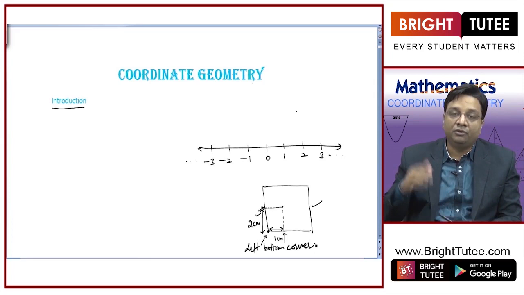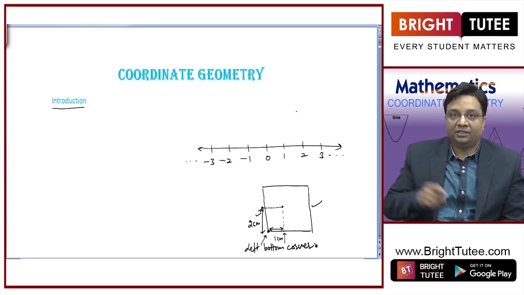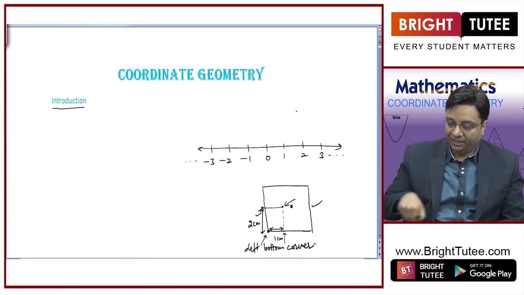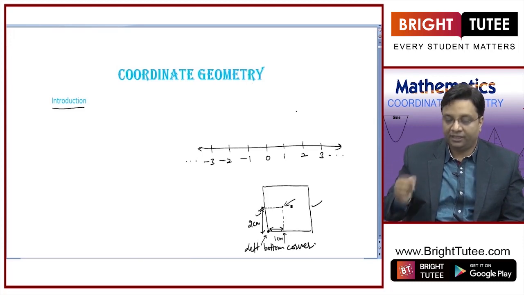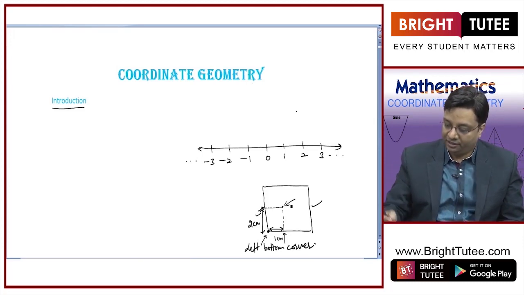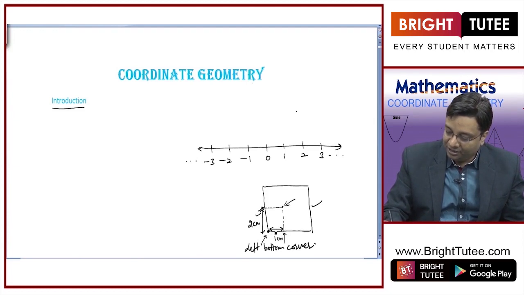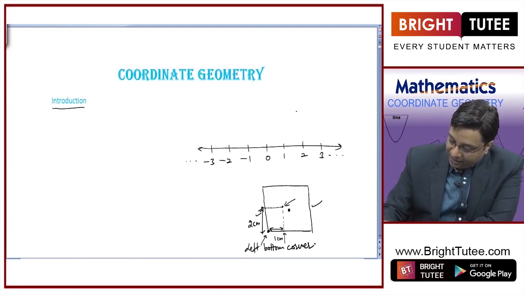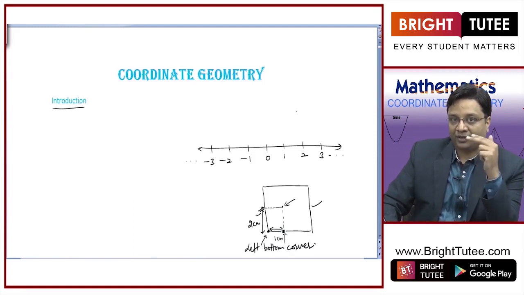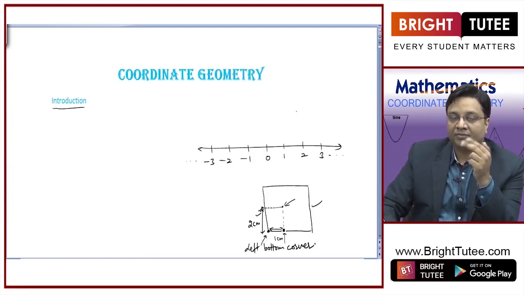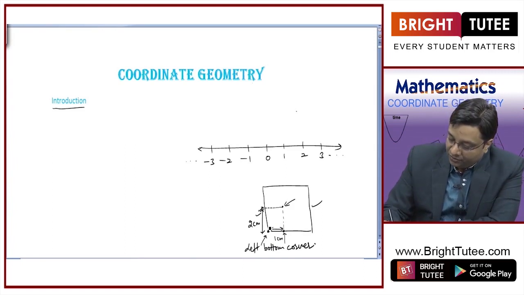Now if you say that the dot in question is 1 centimeter away towards right from the left bottom corner, then you have said that it is 1 centimeter away on the right hand side. That means all the points, this may be this point, right? Now if you also say that it is 1 centimeter away towards the right and 2 centimeter above, right? So you will go 1 centimeter towards right and then 2 centimeter above, and you will reach exactly at that point.